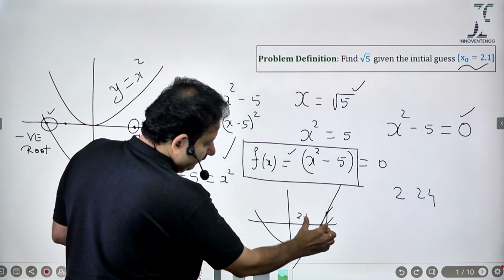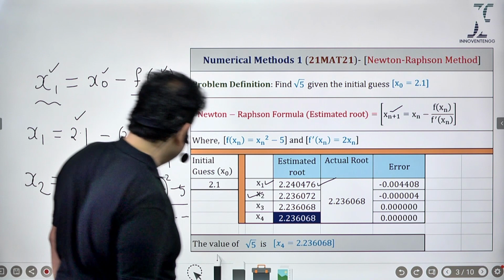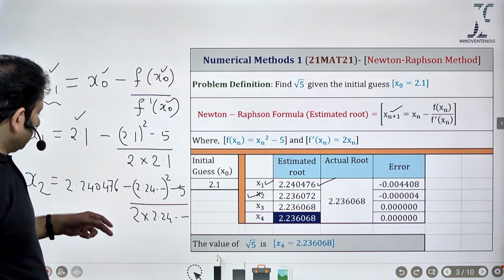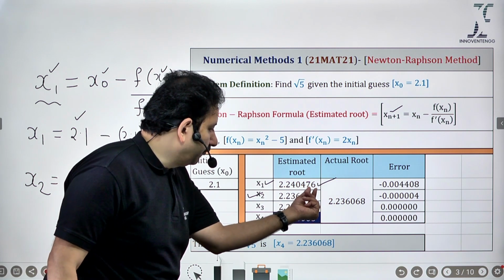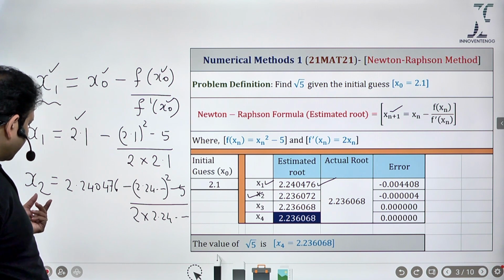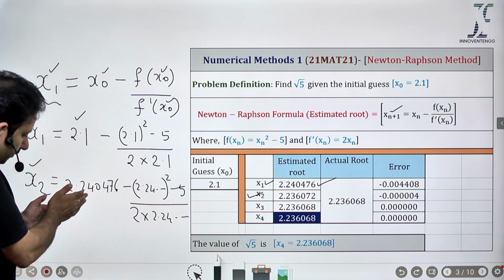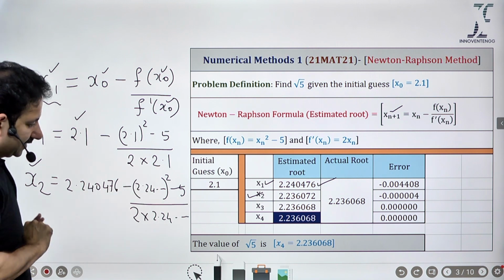Of course, these are very closely located points. And once that is done, we use 2.240476 in the same Newton's equation to get our second estimate. So this value is simply replacing our initial guess.